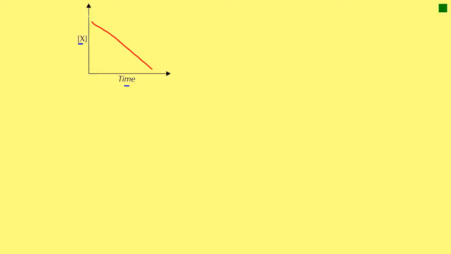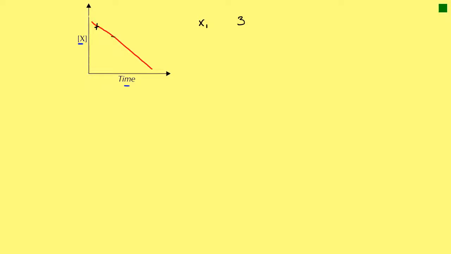And then what we could do is we could look at this particular concentration. Let's call that concentration X1 and take a tangent. In fact, it's a straight line, so it's going to be the same for all points, but we can get the tangent, and that might give us a rate of 3 moles per dm cubed per second.